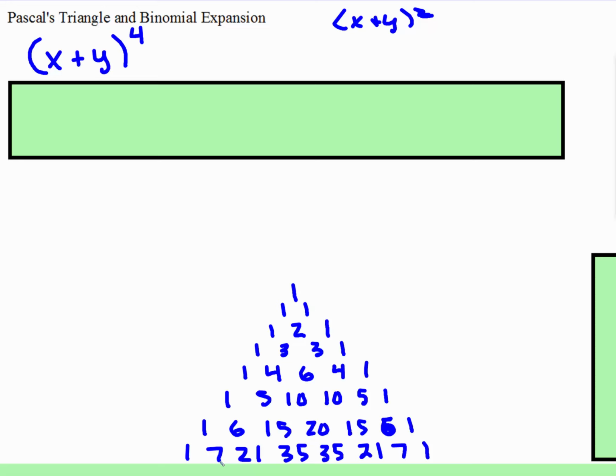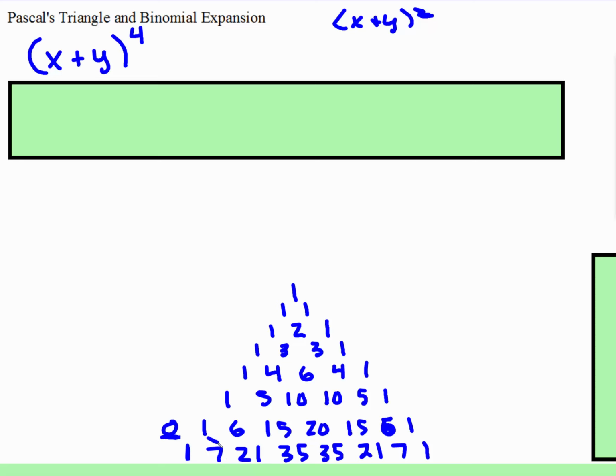So let's come down here to the bottom level. So let's look at 1. Notice the two numbers that would go directly above it would be this invisible number, 0, and 1. 0 plus 1 is 1. Let's look at 7.